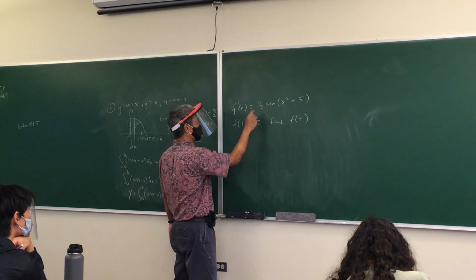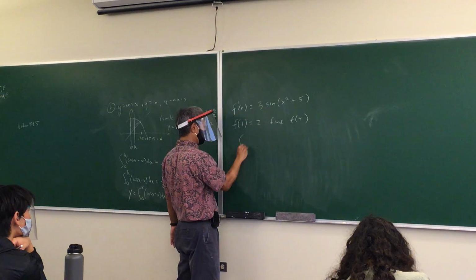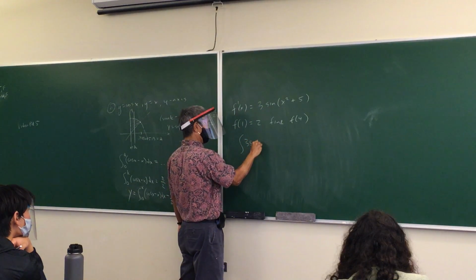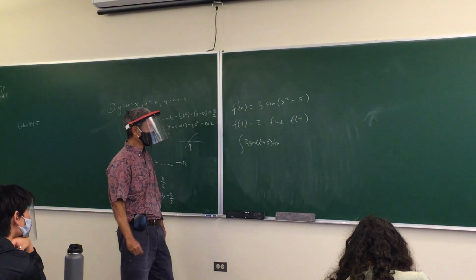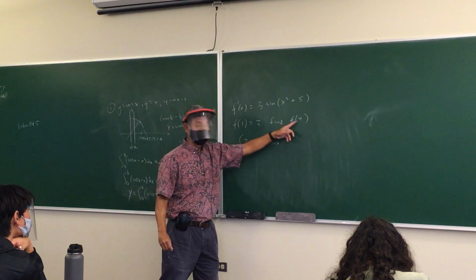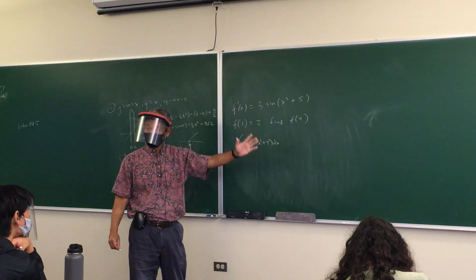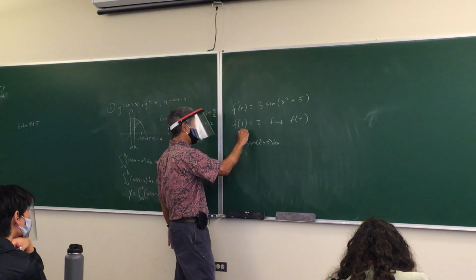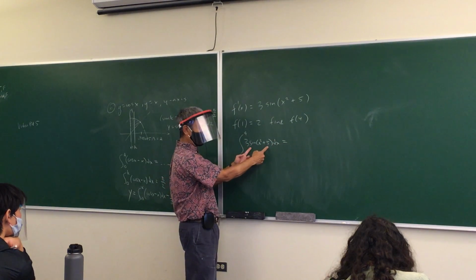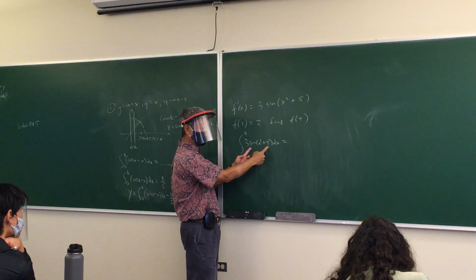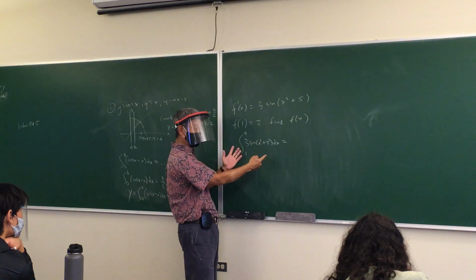So what you do is you integrate this from, what limits do I put on here? 1 to 4, because one of them you know and the other one you're trying to find. So 1 to 4, and what is that equal to? Well, if this is f prime, what is the antiderivative of it? F. So to compute an integral, you find the antiderivative.